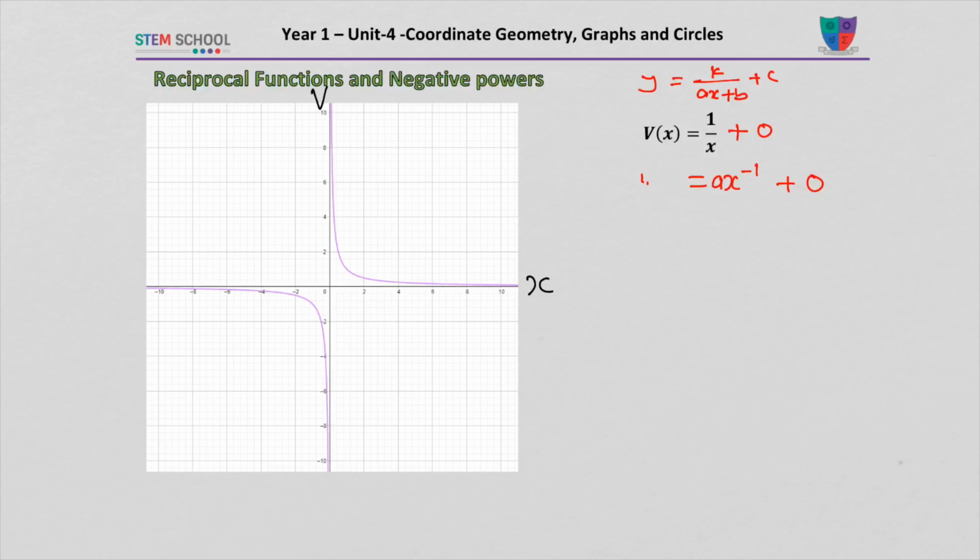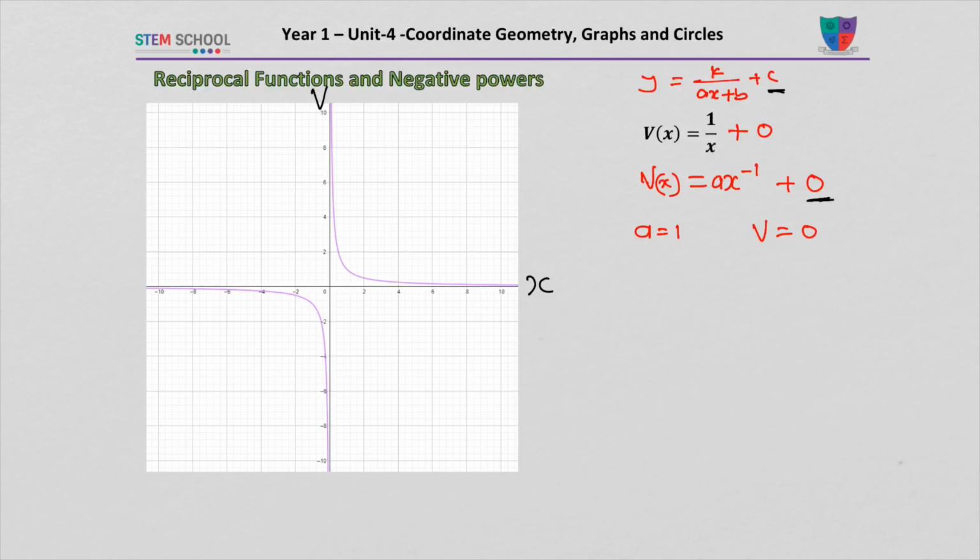So in this case, this is y equals 1 over x, and a equals 1. That's positive. And c is 0. So y equals 0 at this point here. That's c, and that's 0.